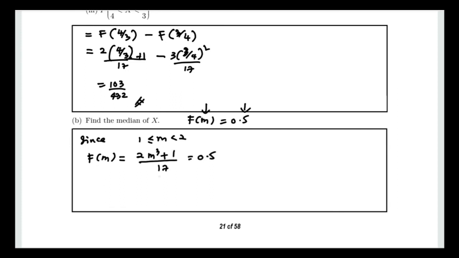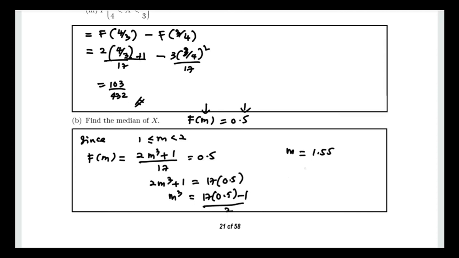So we're going to solve it. 2m cubed plus 1 equals 17 multiplied by 0.5. So m cubed should be (17 times 0.5 minus 1) over 2. That will give you m equals 1.55.